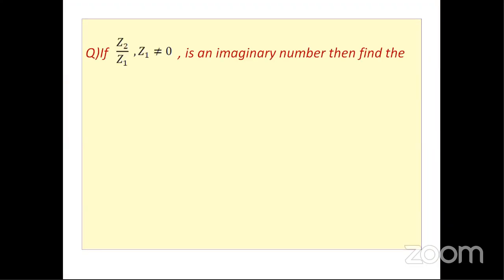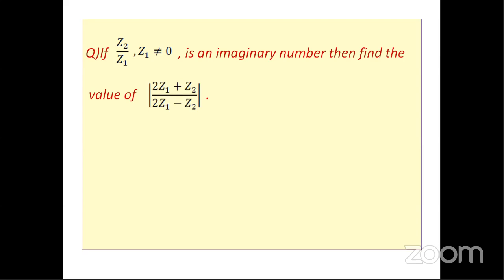We'll start with a question, children. If z2 by z1, z1 not equal to 0, is an imaginary number, then find the value of mod of 2z1 plus z2 divided by 2z1 minus z2.